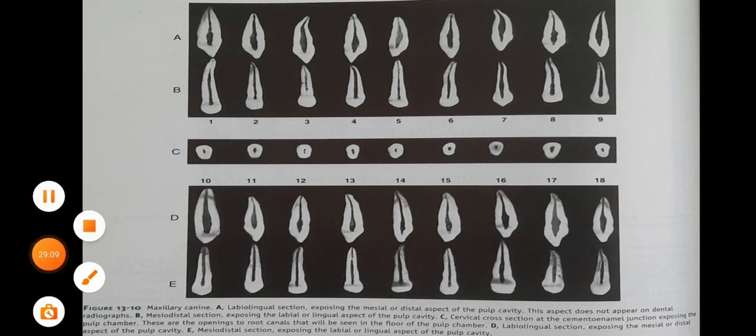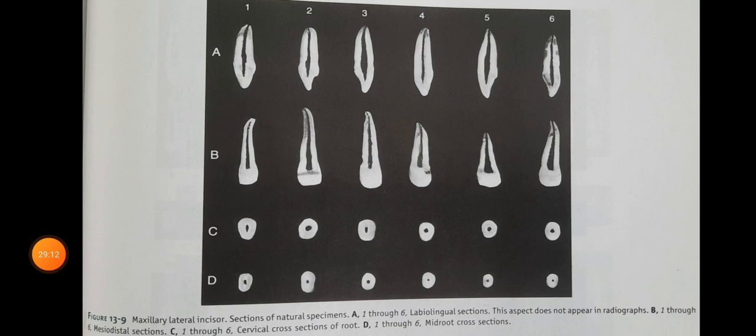In figure 13.10 B1, 3 through 5, 7 and 9, E10, 11, 13, 14, 17 and 18, you can see the apical foramen may appear to exit at the tip of the root.